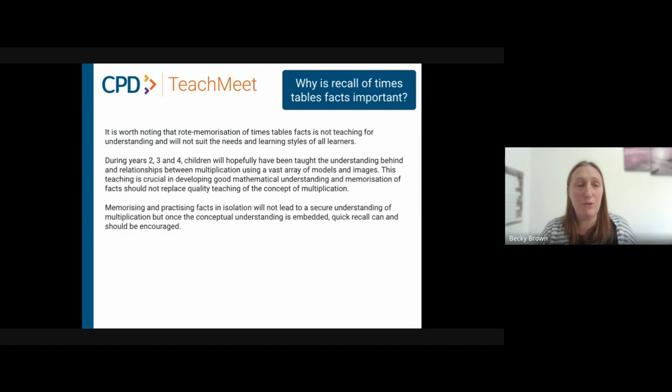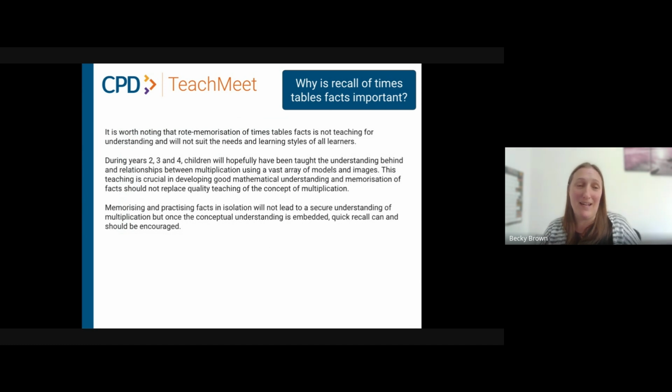Children will have learnt these things in years 2, 3 and 4, and there will hopefully have been a lot of use of manipulatives, some use of arrays, lots of models and images to teach what understanding is. Of course, if that isn't in place and you know that you've got some children that have a bit of conceptual misunderstanding, that does need to be addressed. Just learning tables by rote is not going to work instead of teaching for understanding. So it's really important to teach that understanding.